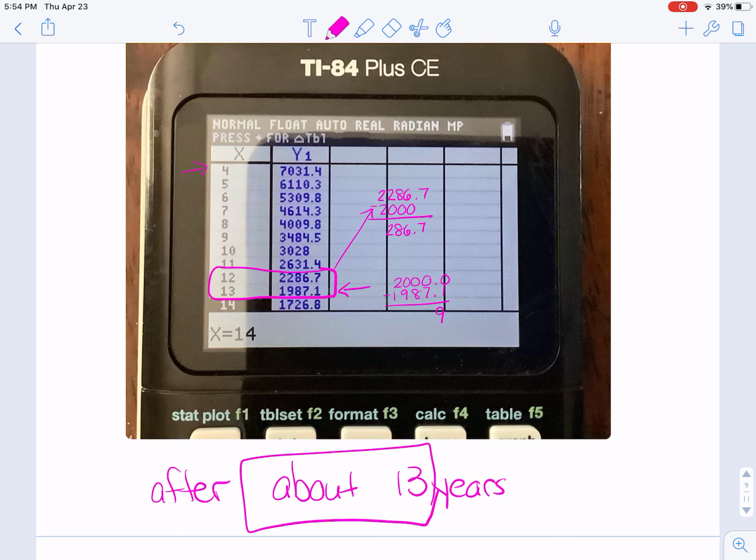That's a lot of math. I don't want to think that much. That's only 12.9, $12.90 away from being $2,000. So obviously you can see it's much closer to 13 than it is to 12. So your answer is about 13 years.